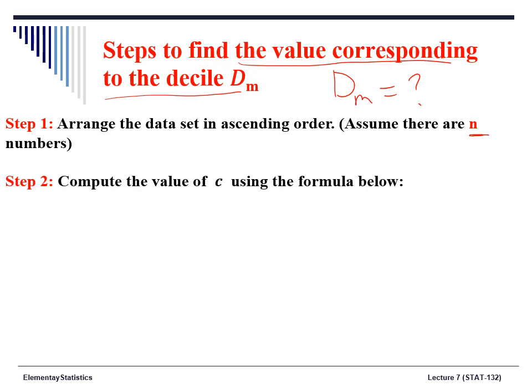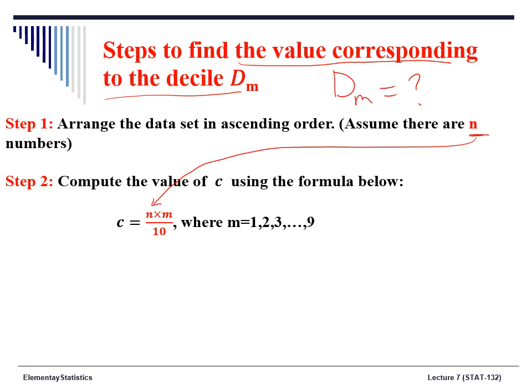C is basically n times m over 10. What is n? It's the number of values. What is m? You are trying to find Dm, the m-th decile, for n numbers.